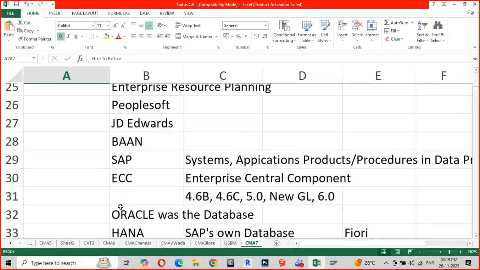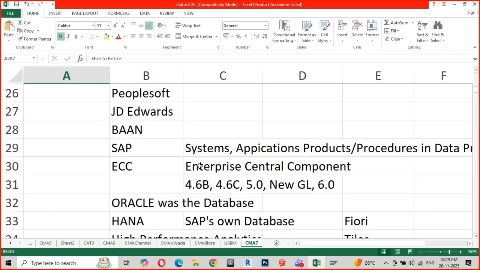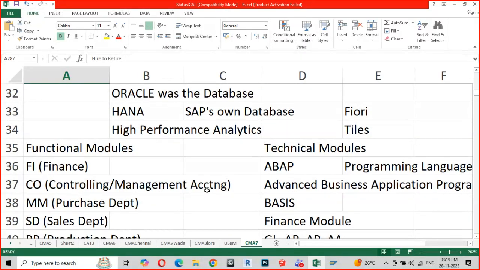starting from understanding what is an ERP, what is SAP, what is ECC SAP, what is HANA SAP, what differentiates between these two. All right. Now we also saw things getting bifurcated into the functional and the technical modules. What constituted the functional modules is this, the whole set.